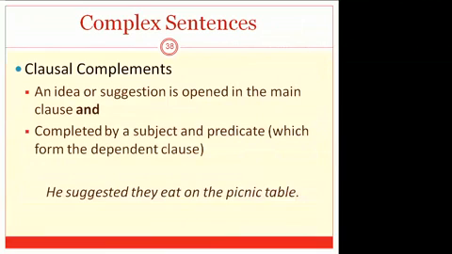The second form of complex sentences would be those that are created through clausal complements. Now, clausal complements are a very interesting form of complexity in that there is an idea or suggestion that is opened up in the main clause and is completed or finished out by a separate subject and a predicate, which then form the dependent clause.